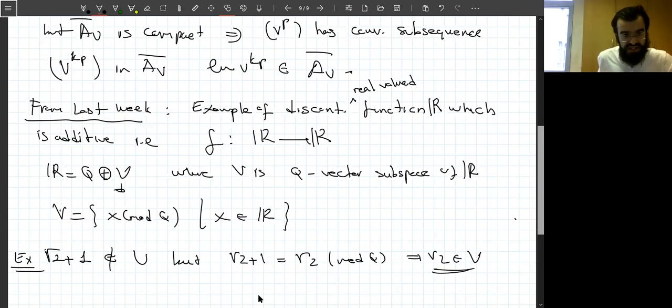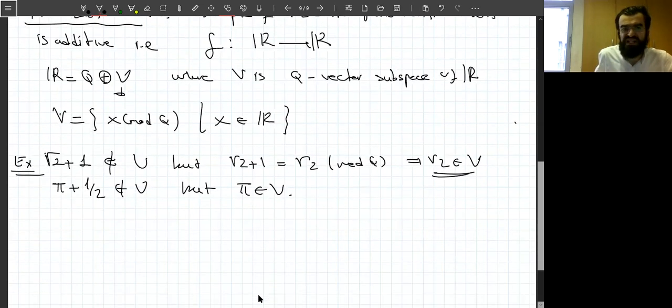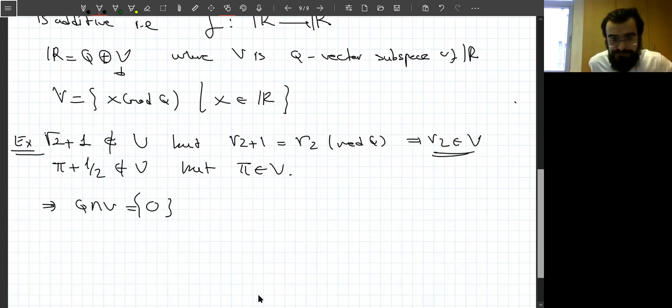From these examples, clearly Q intersection V only contains 0.